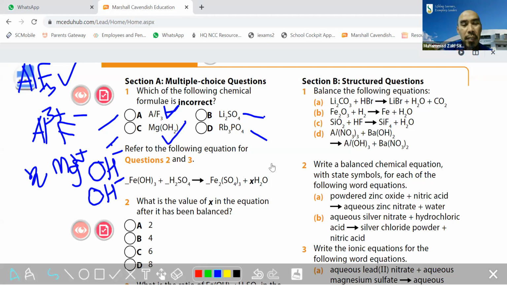How about this one, lithium sulfate? Lithium sulfate consists of the lithium ion and the sulfate ion, SO4 2 minus. Hold on, this is quite tough.